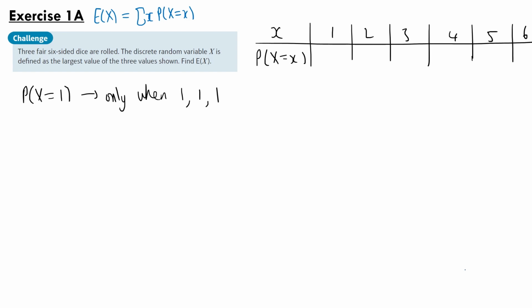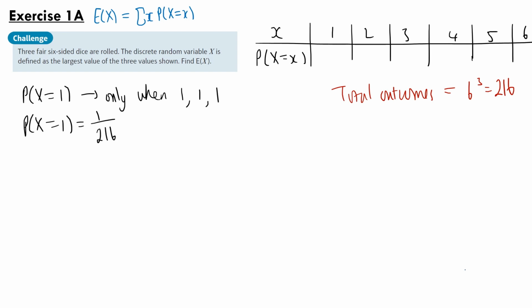We know that the total number of outcomes possible will be 6 cubed, which is 216 different dice rolls, and this is only one of those 216. So the probability that X is equal to 1 is 1 out of 216.